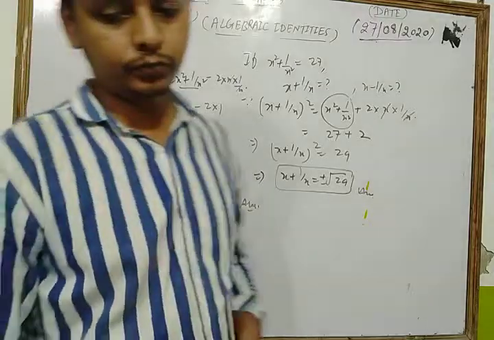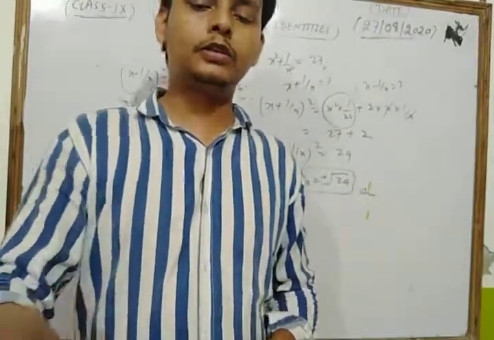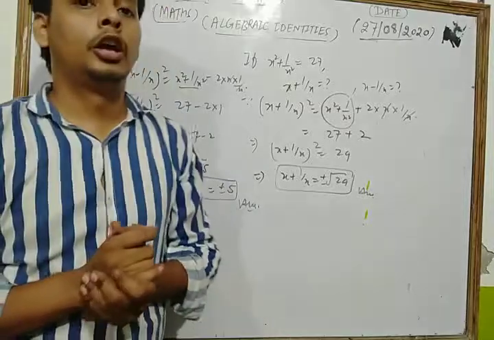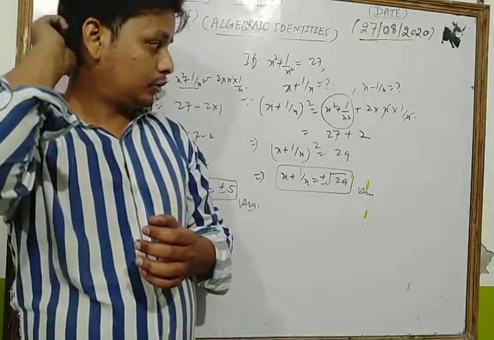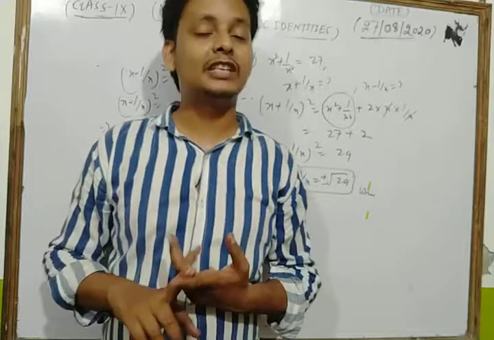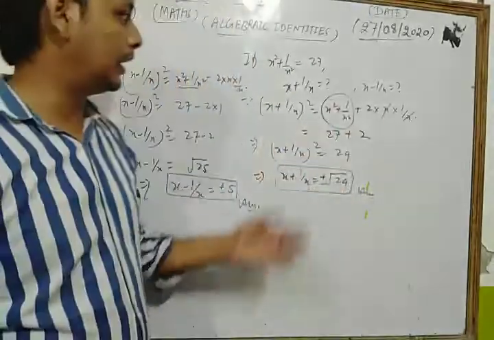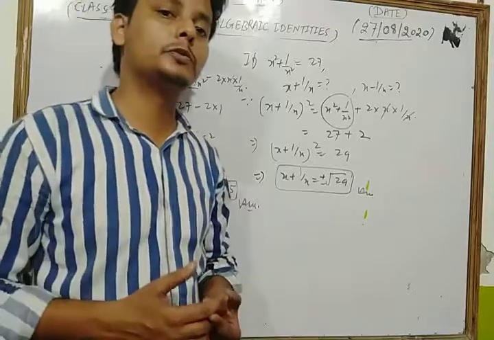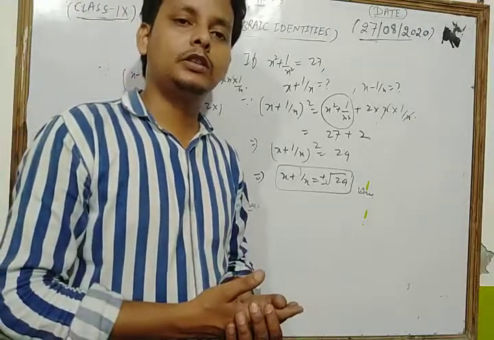Now, dear students, today we discussed all the questions based on the identities a minus b whole square, a plus b whole square, a square minus b square, and some applications of the formulas a plus b whole square and a minus b whole square.